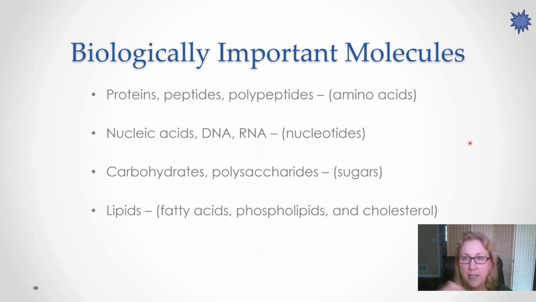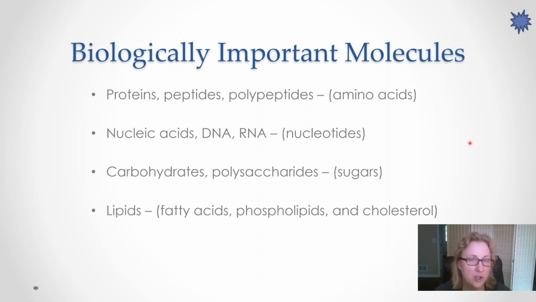For sugars, we have sugars as the monomers, and then we also had another category, disaccharides, for two sugars stuck together, and then polysaccharides for starches, cellulose, chitin, glycogen, all those large things that are made out of glucose.